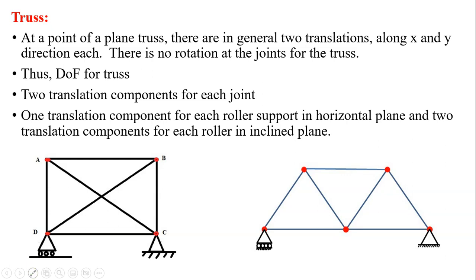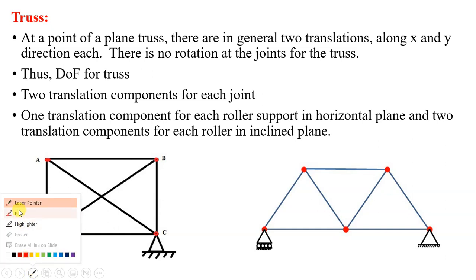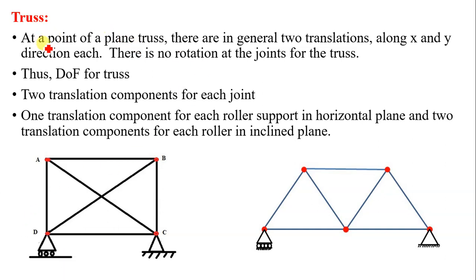So let us see how to calculate the degree of kinematic indeterminacy for a truss. Now, at a point of a plane truss, there are in general two translations, one in x direction, second in y direction. So, how many joints are there? Here this is joint A. For joint A, there will be two translation components, one in x direction and the second in y direction.